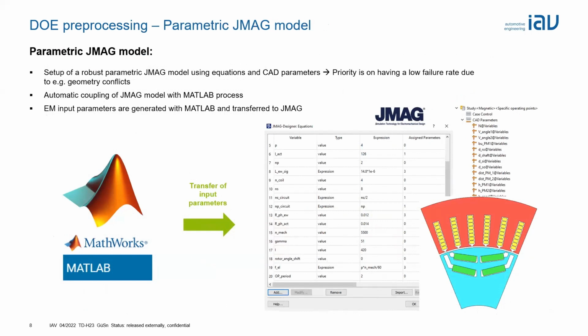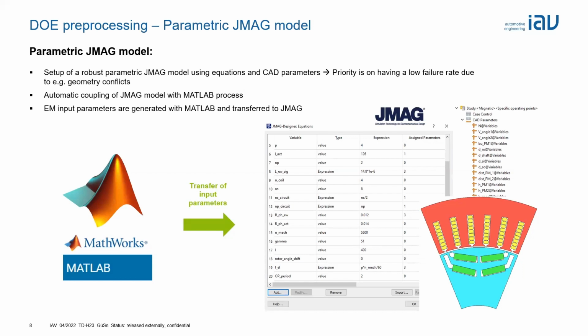The next step deals with the setup of a parametric JMAG model. This is done by using equations and CAD parameters, and the main priority here is on having a low failure rate due to, for instance, geometry conflicts.